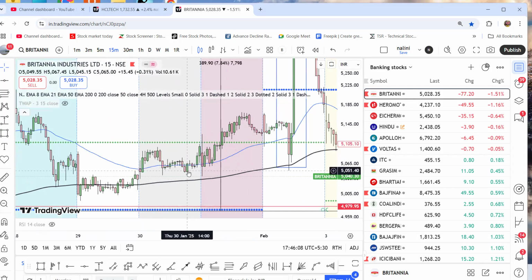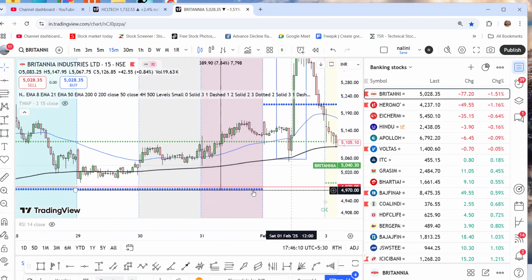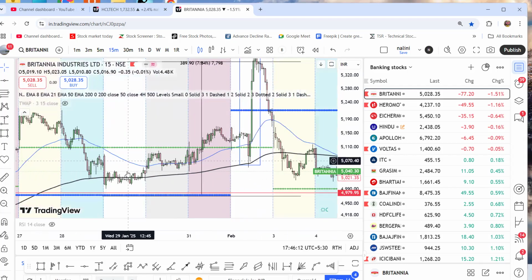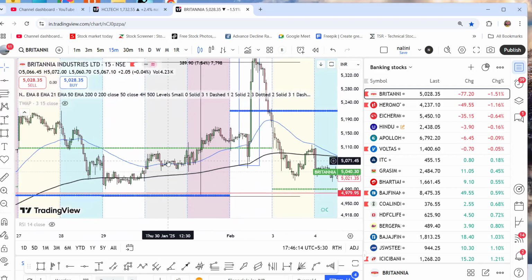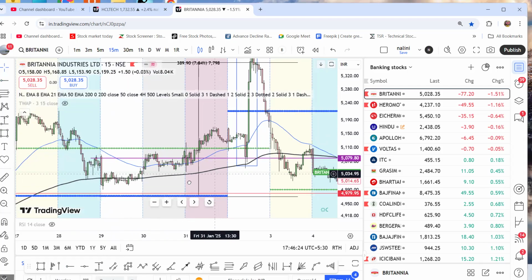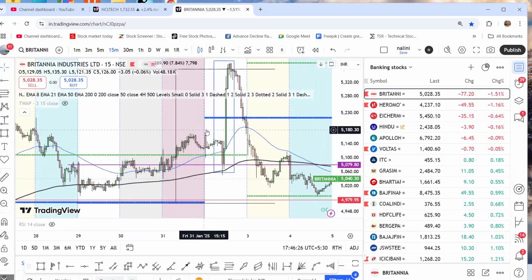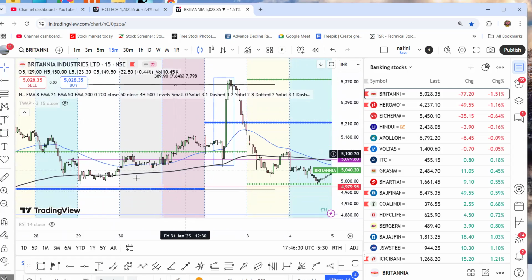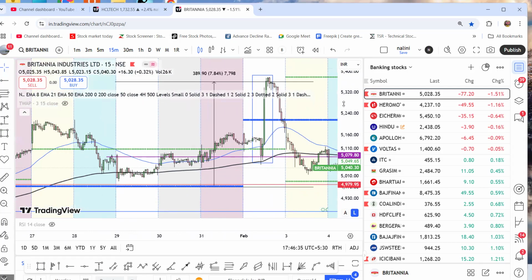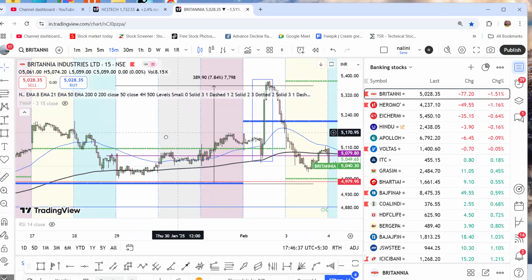Even there was not a sudden momentum. It consolidated after the pop-up because it did not cross the previous day high. Then it started moving higher. It was a pump. Almost it is 7.84 percentage.